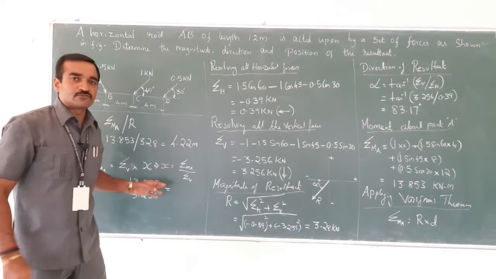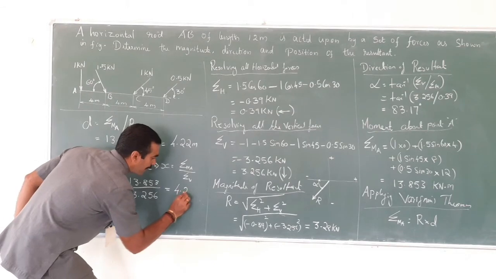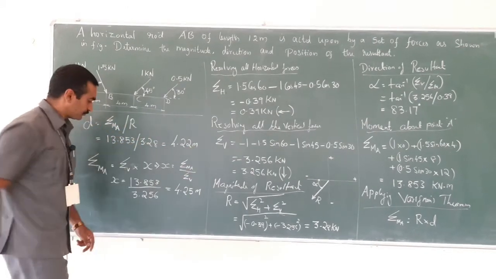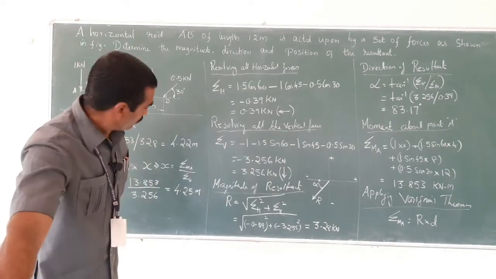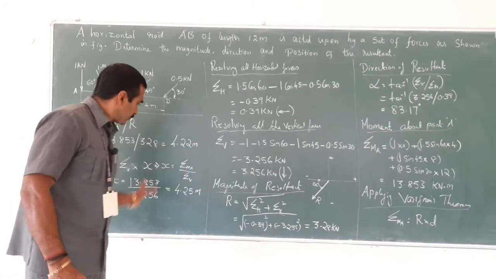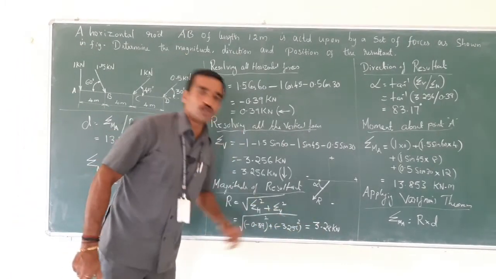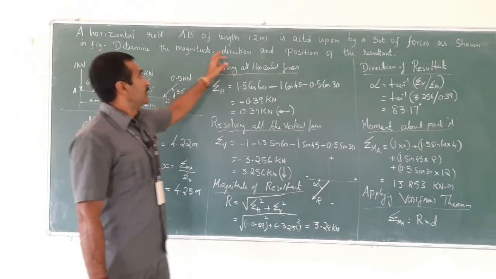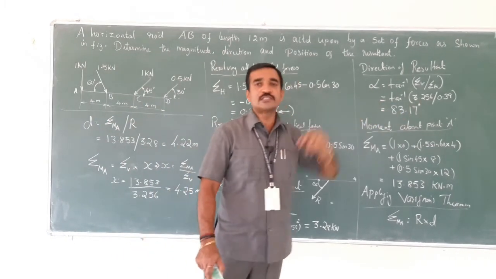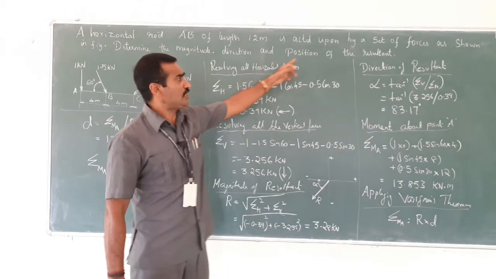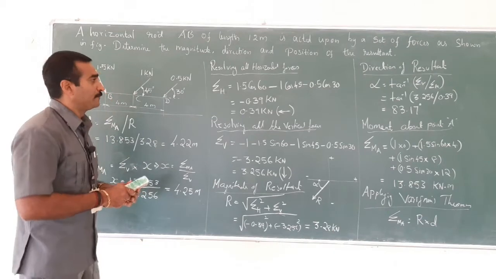If you feed these values in your calculator, you will get x as 4.25 meter. Got it? So now we have arrived at the magnitude of the resultant, which is 3.28, the direction of the resultant, which is 83.17 degree, and the position of the resultant, which is 4.25 meter.